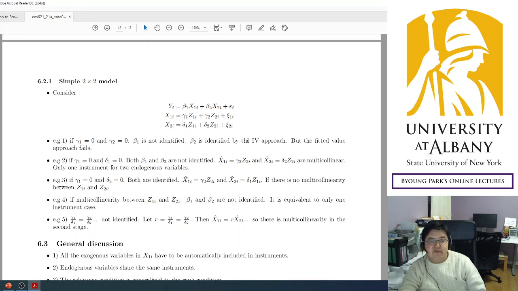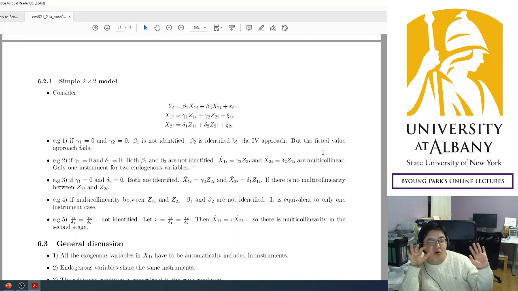Or you may think, if you think about the second stage regression, x1 hat is a function of z2, x2 hat is another function of z2, but in the end, they are multilinear. So both simply depend on only one variable. So one variable cannot generate two variables. That's the problem.